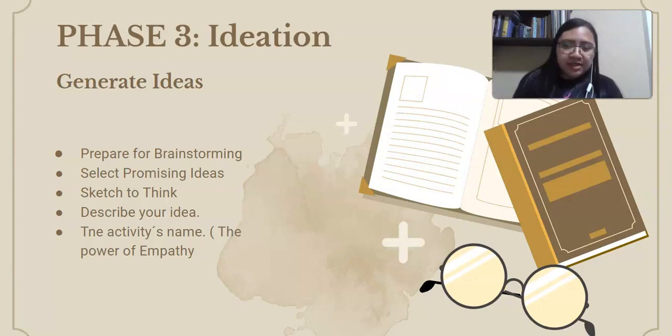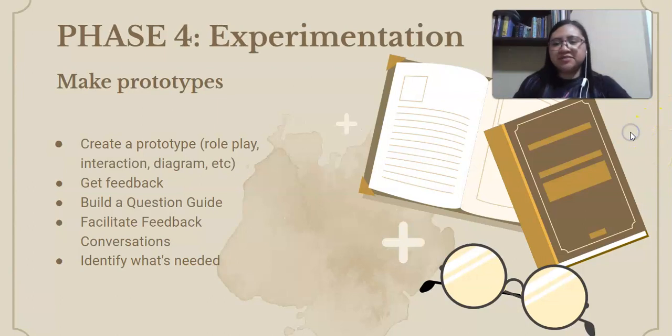Okay, sketch to think. You're going to write the activity's name. So, the power of empathy, for example. El poder de la empatía. The power of empathy. So, you can write or create your project's name with this name. Then experimentation, you are going to make prototypes.